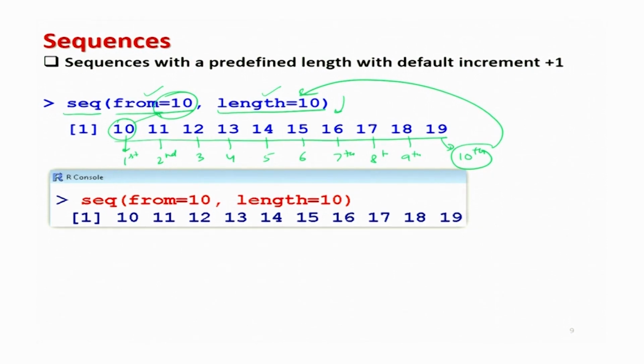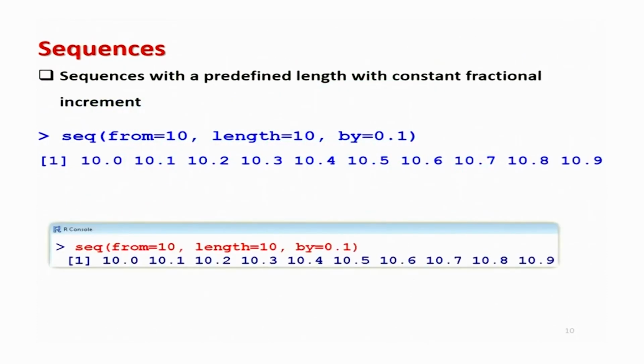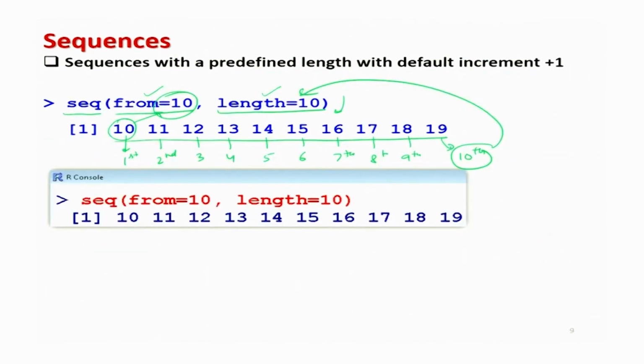So you can see it is not a very difficult thing to generate such a sequence in the R software. And now I will take a combination. I want to generate a sequence of predefined length which has a constant fractional increment. You have just used the seq command with from and length.